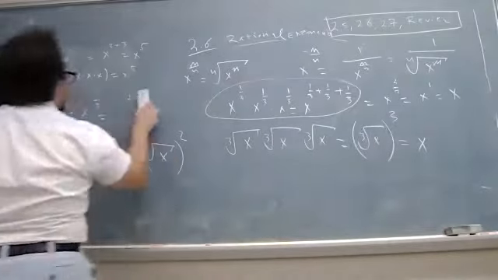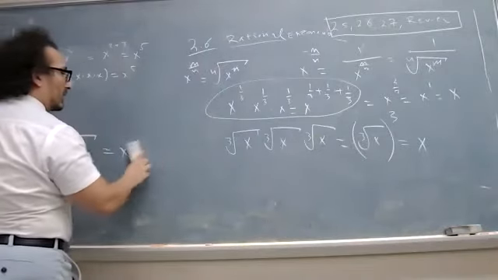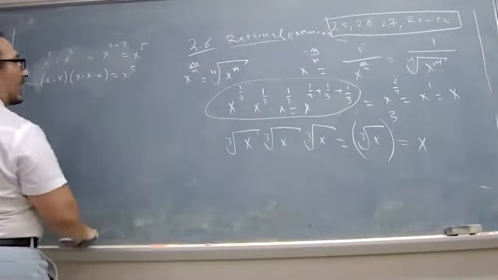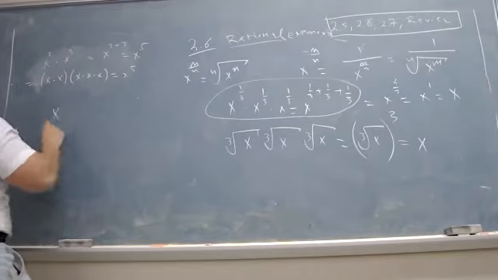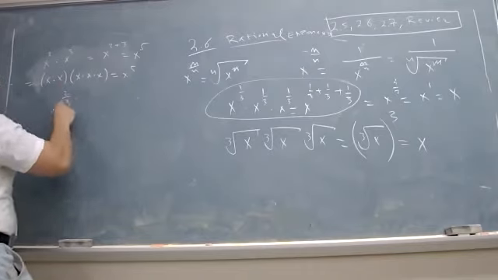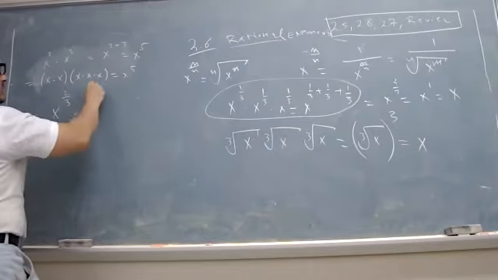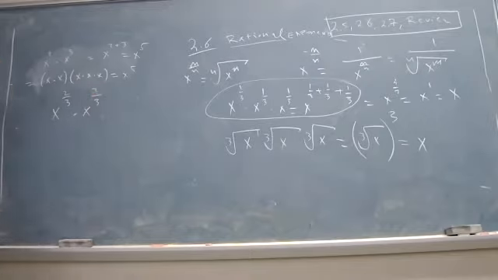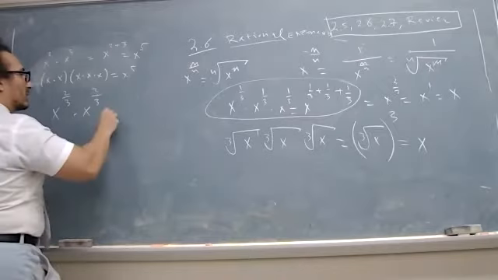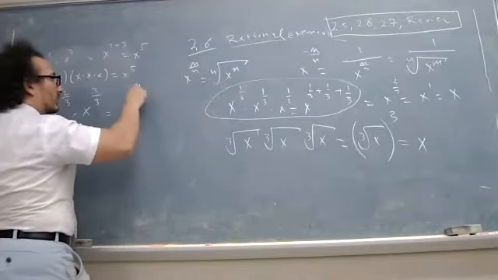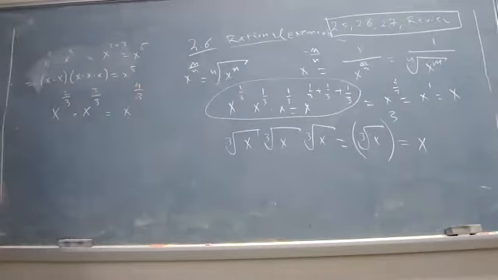More interestingly, if you have an example where, let's say you don't have a 1 in the numerator, what about this right here? x times x raised to the 2/3 power times x raised to the 2/3 power. Notice this gives me x raised to the 4/3 power, but that's not a whole number.